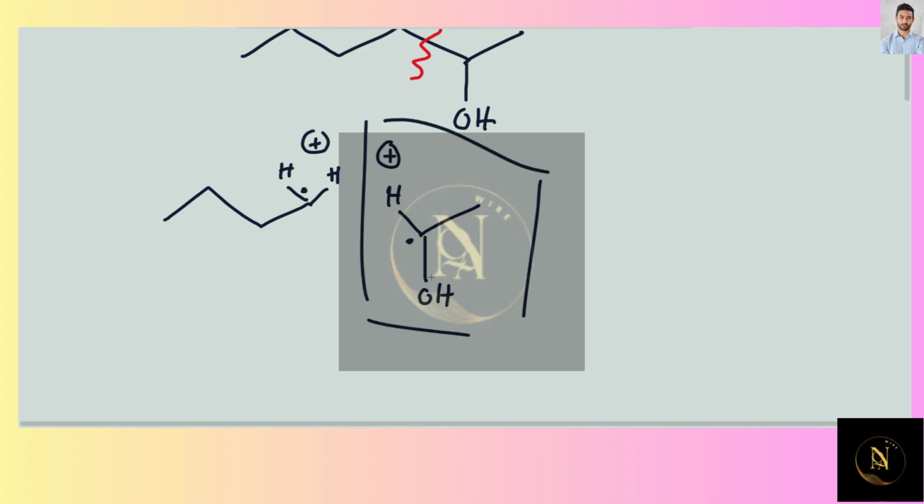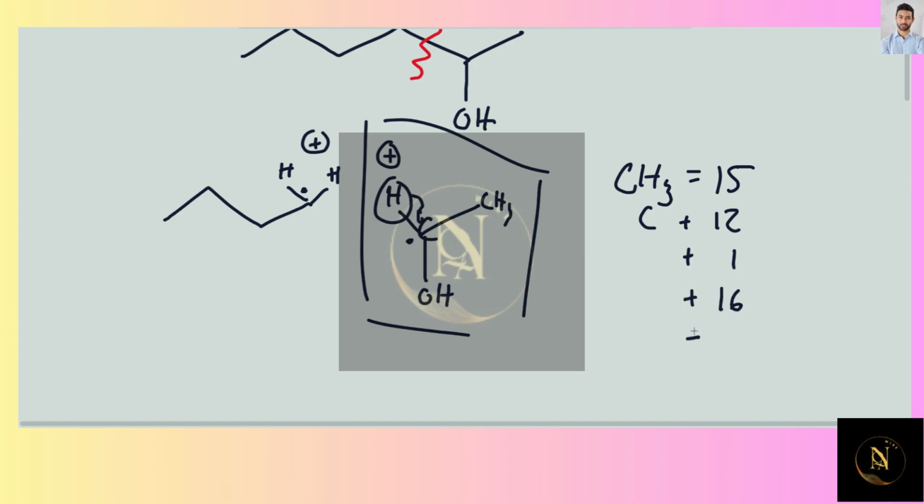Okay, so how much does this weigh? I see a CH3 here. I see a CH here. That's a carbon, right? So let's say CH3 equals 15, plus another carbon is another 12, plus this hydrogen, that's another 1, plus an oxygen, that's 16, plus another hydrogen, that's 1.